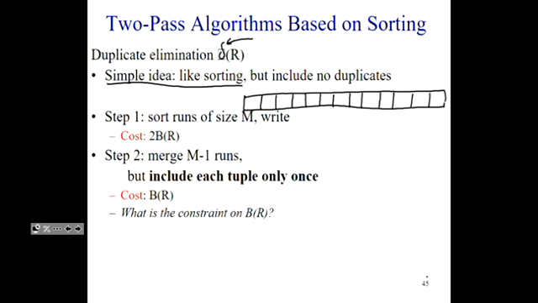So I might bring these 4 blocks in to memory, sort it, and then write it back out to disk. Then I'll bring in the next 4 blocks, sort it, write it out to disk. Next 4, write it out to disk, and so on. Okay, I'm going to erase this one for now.